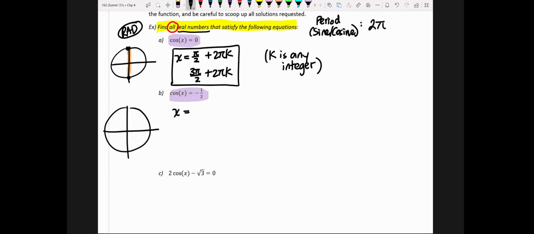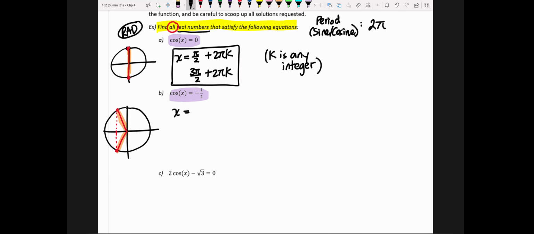So here one period for cosine is 0 to pi, or sorry, 0 to 2 pi. So from 0 to 2 pi, cosine of x is equal to -1/2. -1/2 is right here. So that's going to be at 2 pi over 3 and 4 pi over 3.